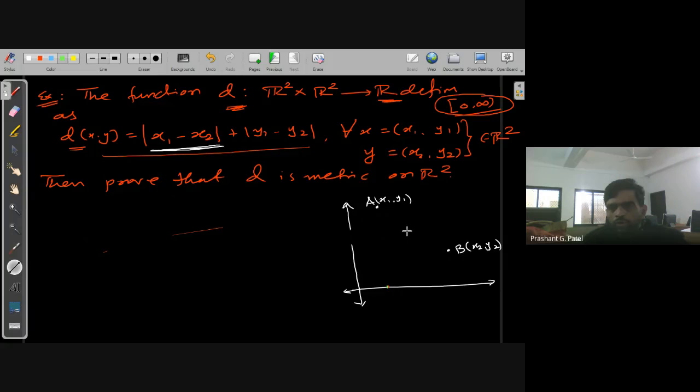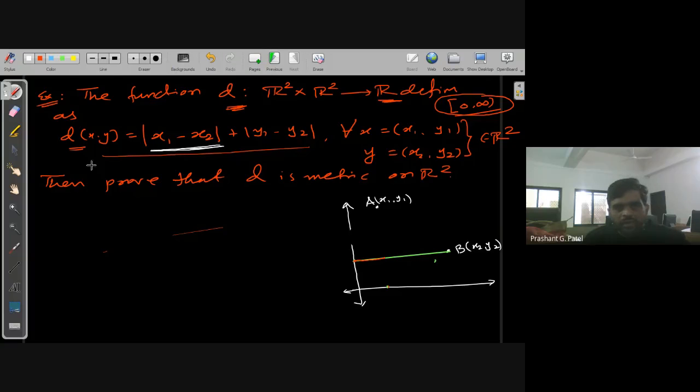Okay, so what is this distance from this point to this? It is actually x2. From here to here, it will be x2. What is x1? The x1 distance is from this point to the y-axis.